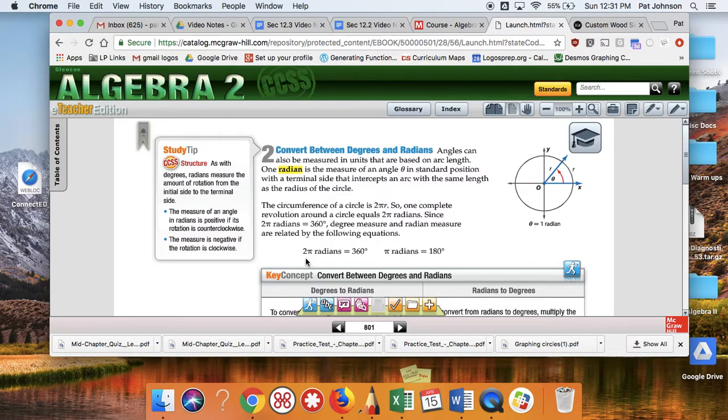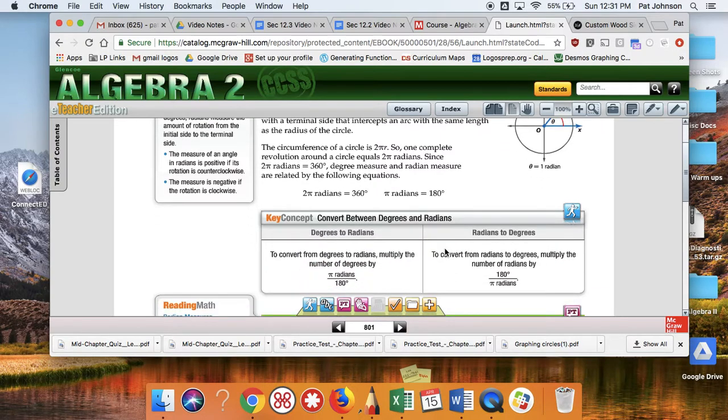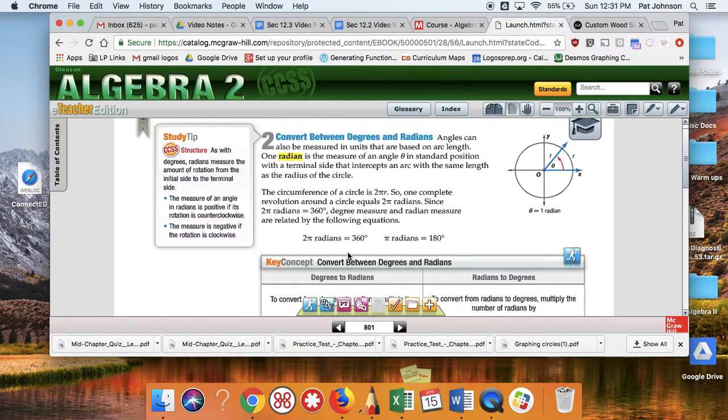If I just use algebra and divide the left side by 2 and the right side by 2, because I have a property that says I can do that, I just reduce to pi radians equal 180 degrees. So we have these two conversions, and we usually use pi radians equal 180. So let's look at this really quick. Theta is in radians, r is the radius, and it's also the same as this arc length here, r.